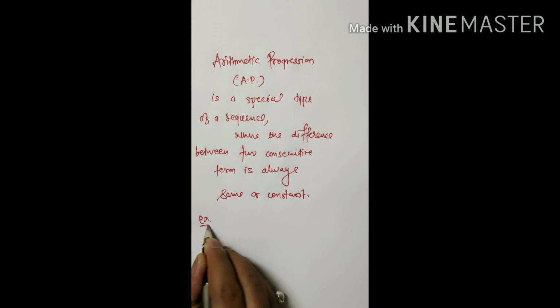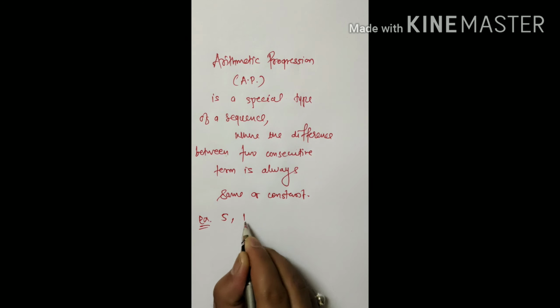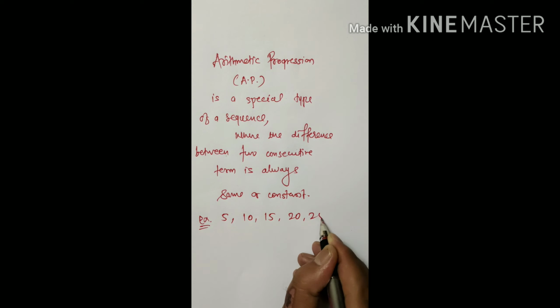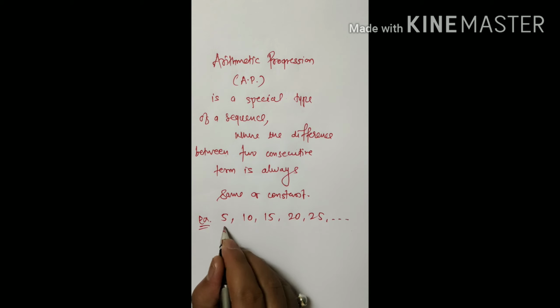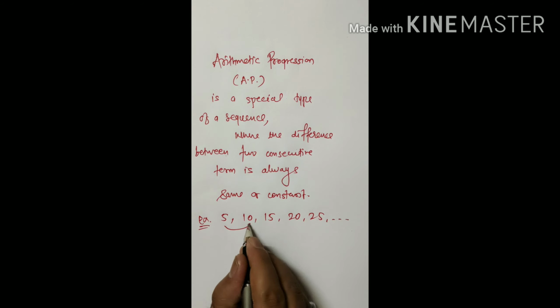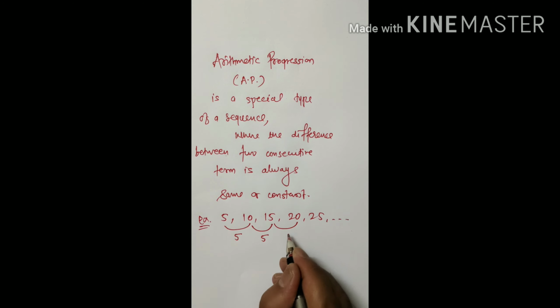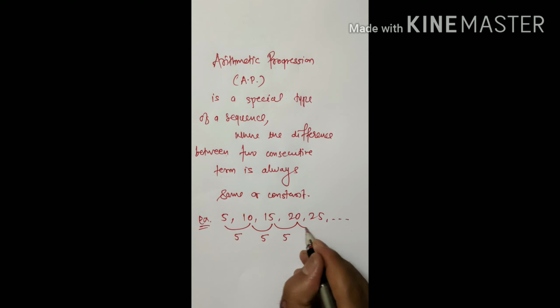Example, if I write 5, 10, 15, 20, 25 and so on. Here, student, the difference between these terms is what? 10 minus 5, 5. 15 minus 10, 5. 20 minus 15, 5. 25 minus 20, 5.